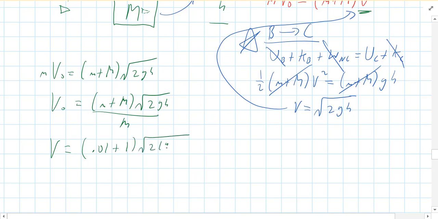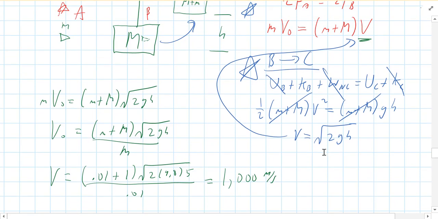Root 2g is 9.8, and h is 5, all over the little mass, which is 0.01. If you plug and chug these into your calculator, you get almost exactly 1,000 meters per second, which would be a fast bullet, a high-powered rifle at the very least. Now, there's a part 2 of this question.